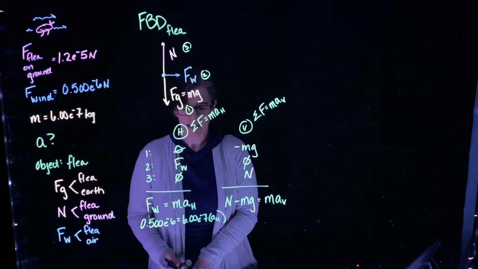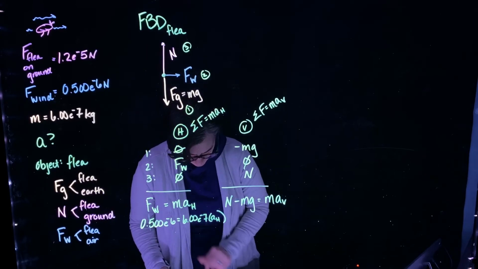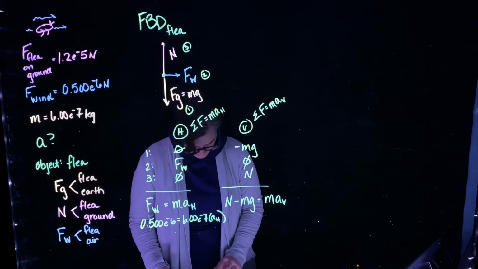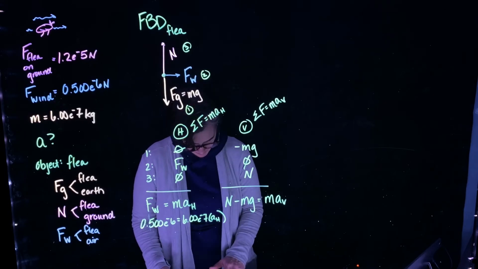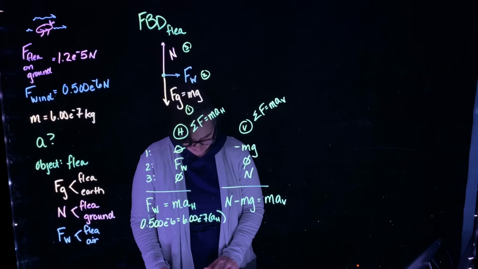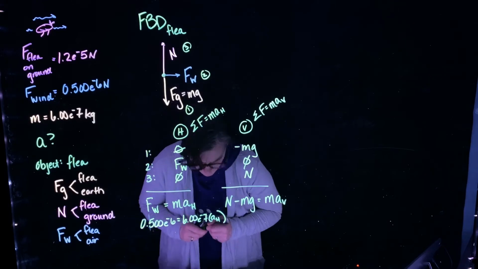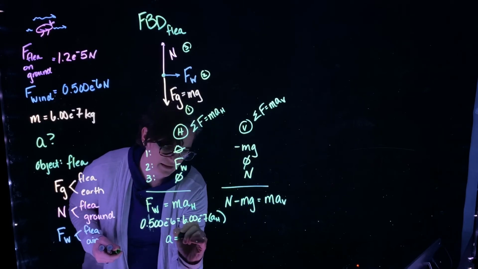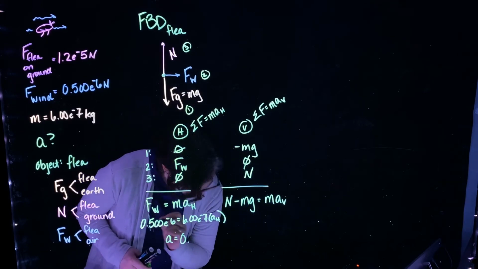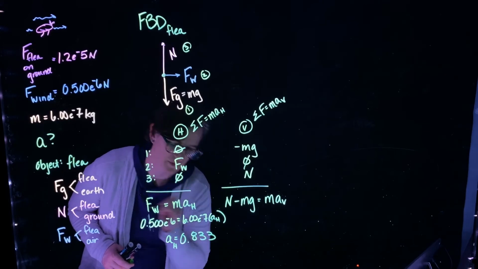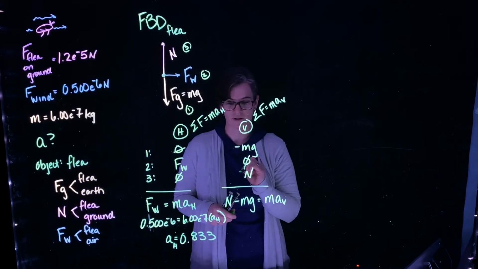So if I plug that into my calculator, I have 0.5 times 10 to the minus 6th divided by 6 times 10 to the minus 7th. And I get an acceleration equal to 0.833, and that's my horizontal component of the acceleration.